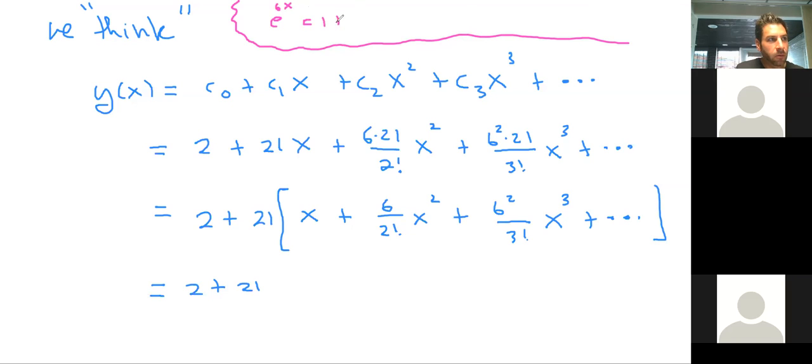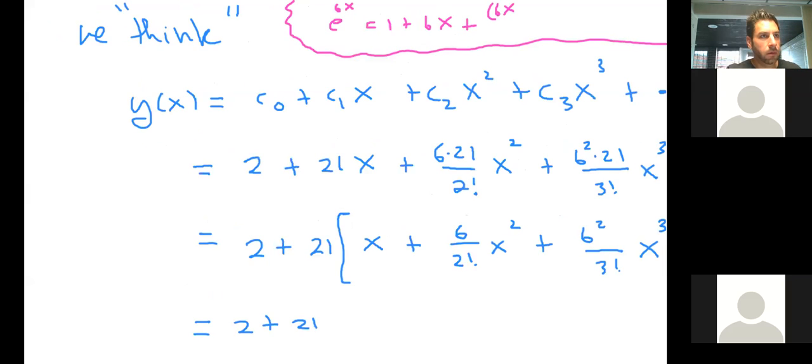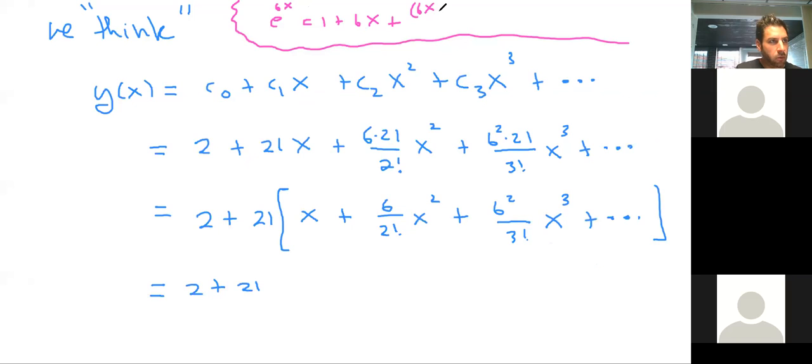Well, that's 1 plus 6x, plus 6x quantity squared over 2 factorial plus 6x quantity cubed over 3 factorial. So I almost see e to the 6x down here, but I don't have it yet. I can get it there if I'm creative enough, though. So let's think about how we can do that. Let's erase that and maybe some of our imagination gets stirred.